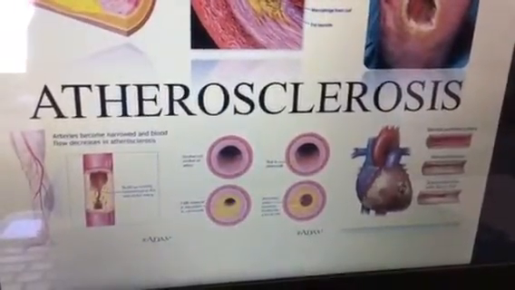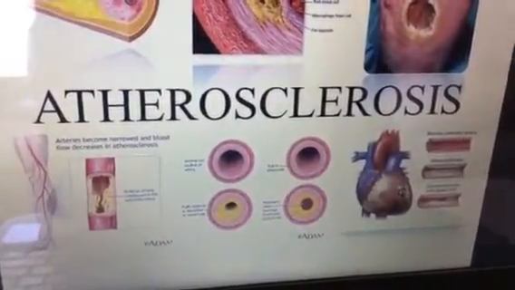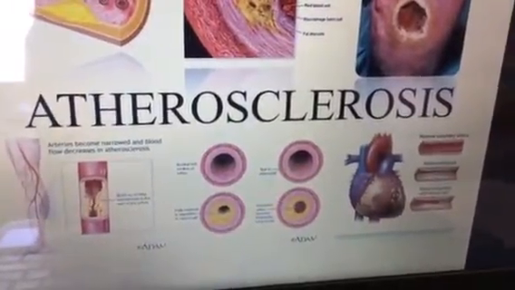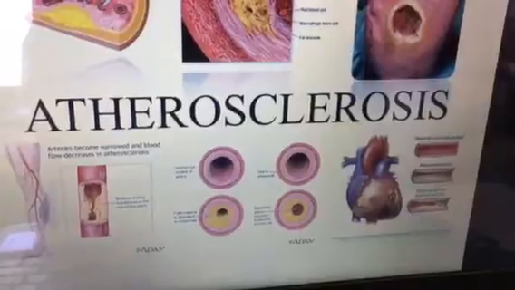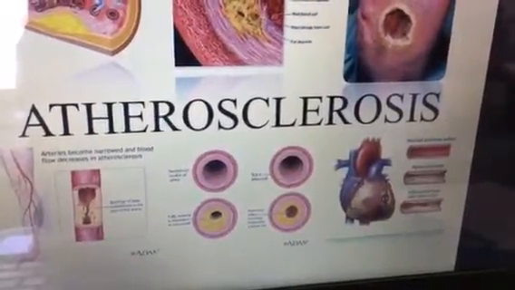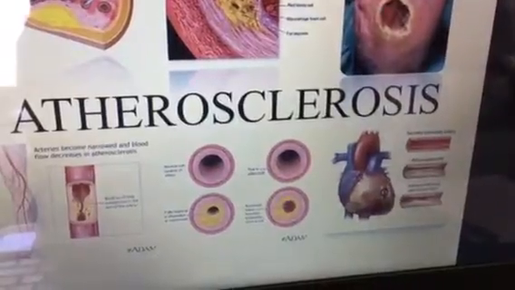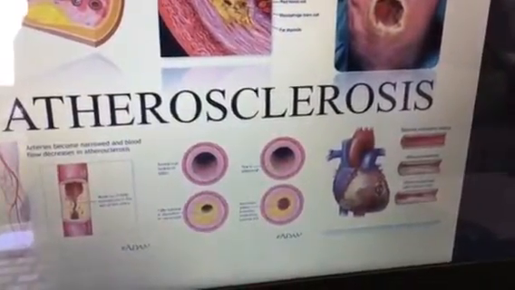That's how the tissues in our body are nourished, because arteries carry nutrients, which is oxygen, to different parts of the body.